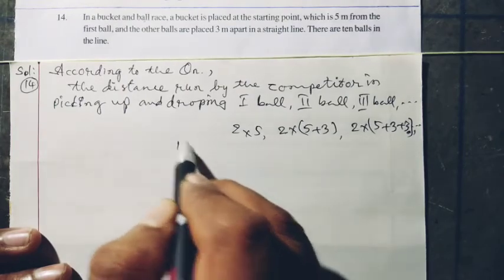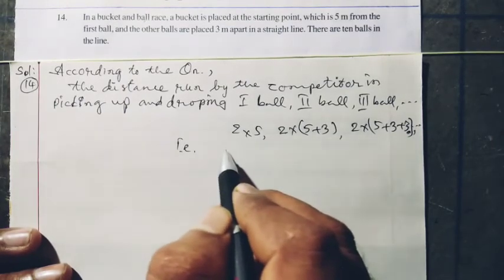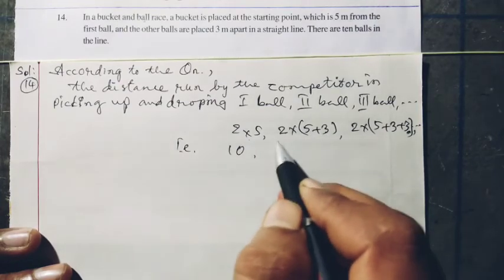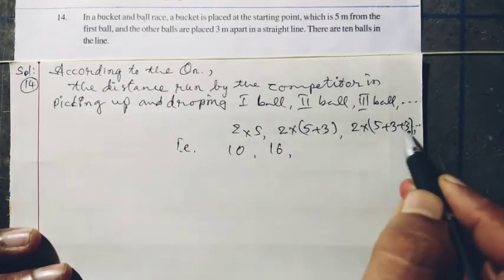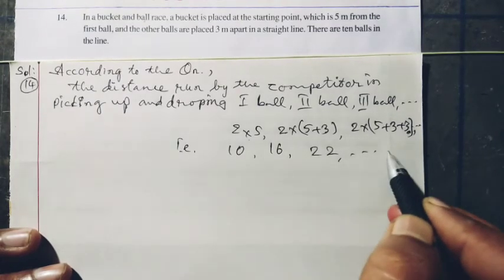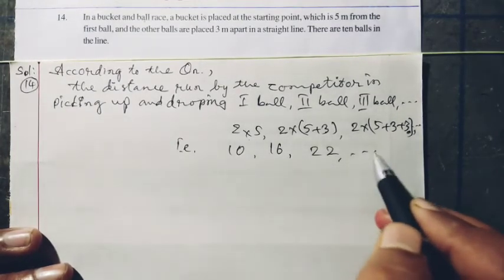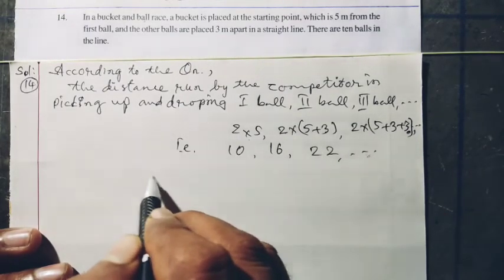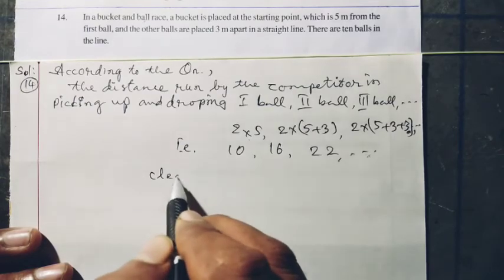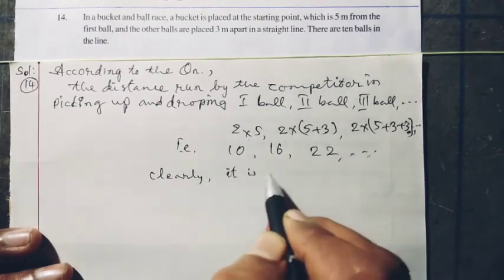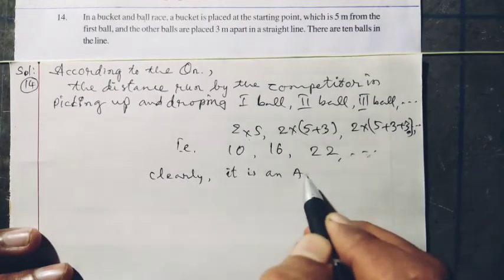That is 2 into 5 is 10, 5 plus 3 is 8, 16, then 22, and so on. So it is clearly an AP.